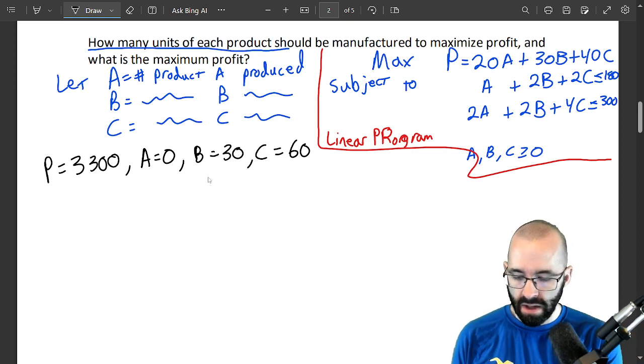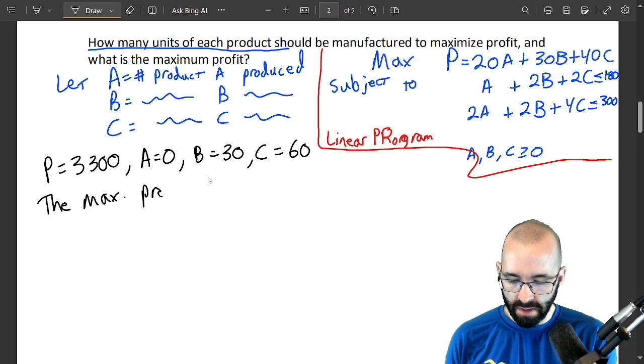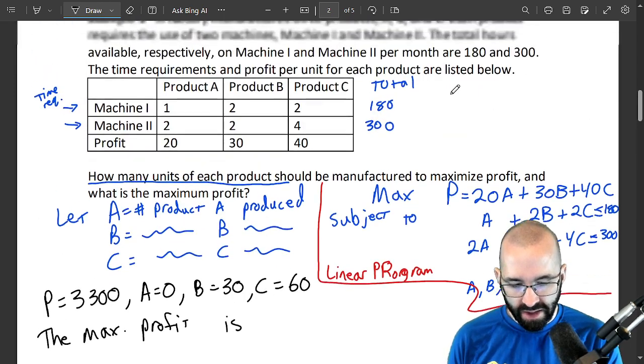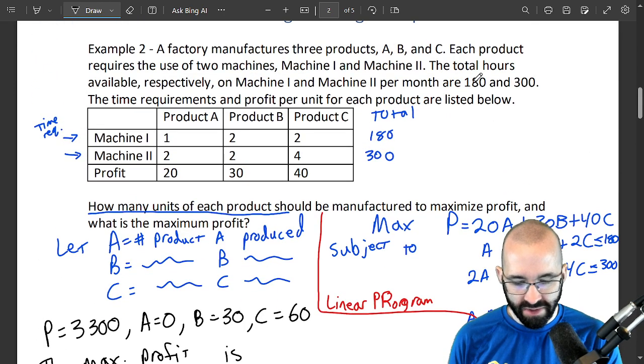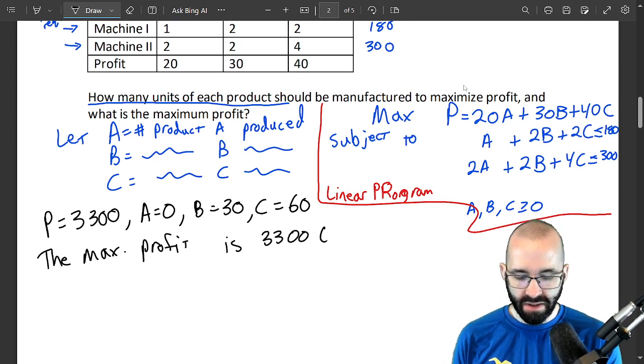All right, so the maximum profit is, does it tell us that these are dollars? It doesn't tell us that these are dollars. Is 3,300 monies?